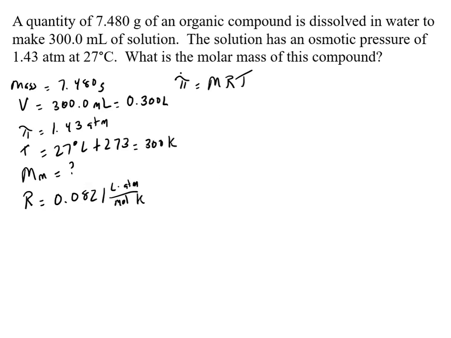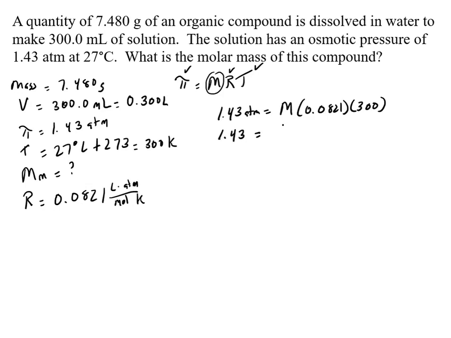Okay, so when I look at this, I have my osmotic pressure. I have R because it's a constant. I have temperature, so I'm going to be solving for molarity. Okay, so I have 1.43 atmospheres is equal to my molarity times 0.0821 times 300. So I get, nothing happens on the left, 1.43.